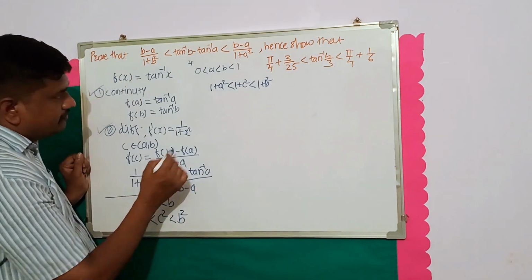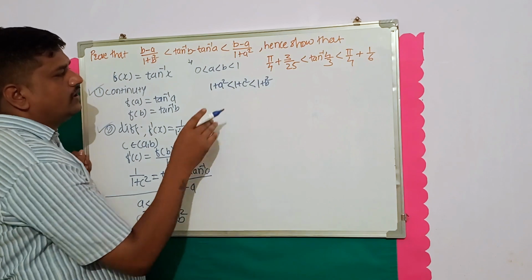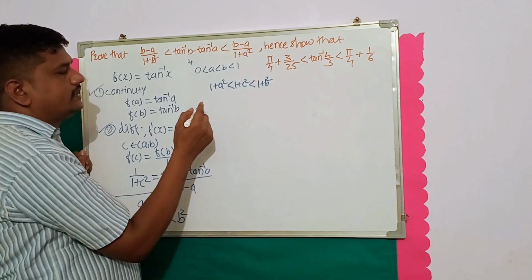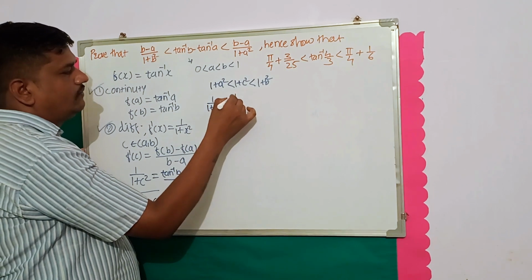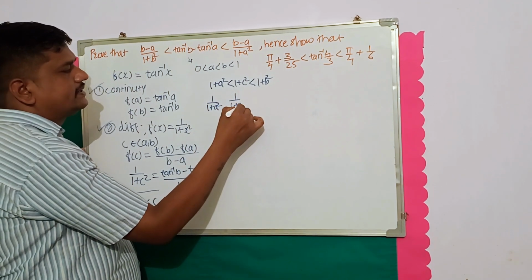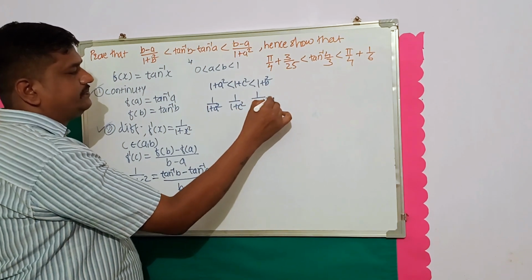Then in the middle term we want 1 upon 1 plus C square. So that's why we will take the inverse of all these three terms: 1 upon 1 plus A square, 1 upon 1 plus C square, 1 upon 1 plus B square.